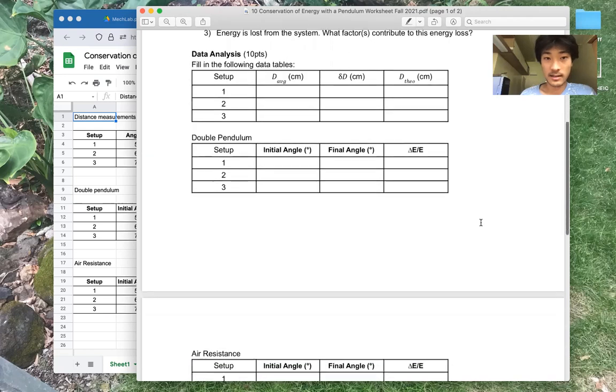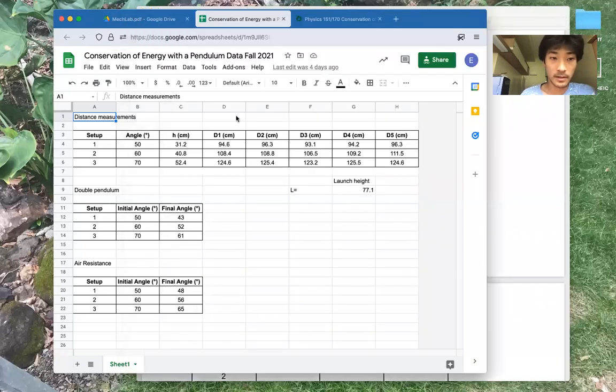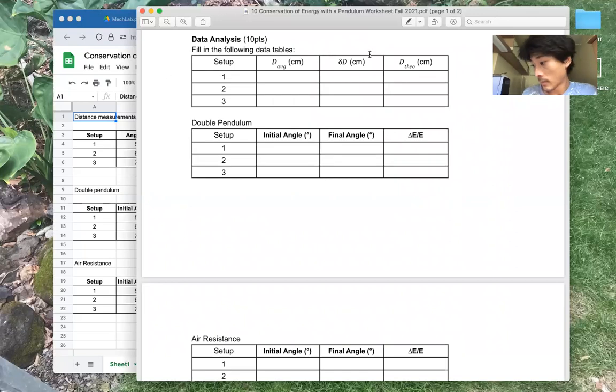Okay, data analysis. So number 1, this box up here is referring to this first box in the spreadsheet. So that's the data that you get to use.